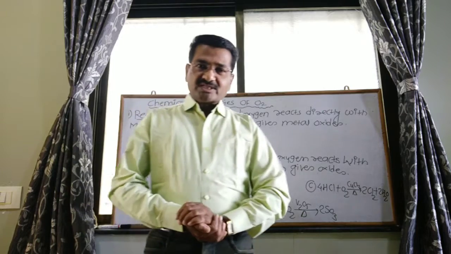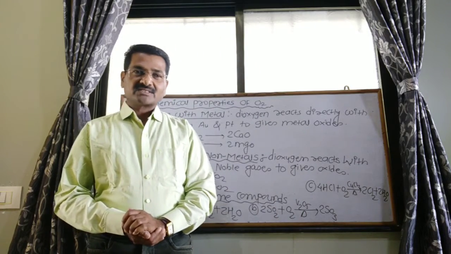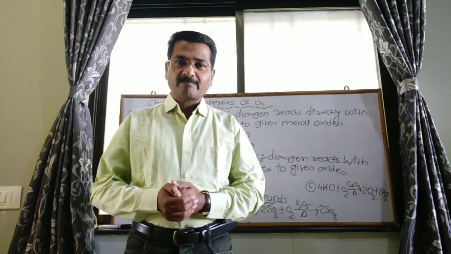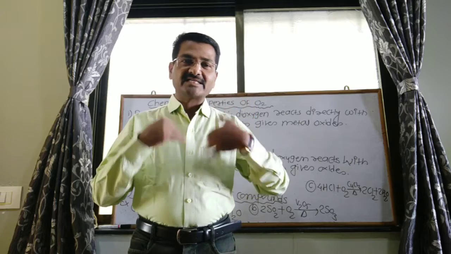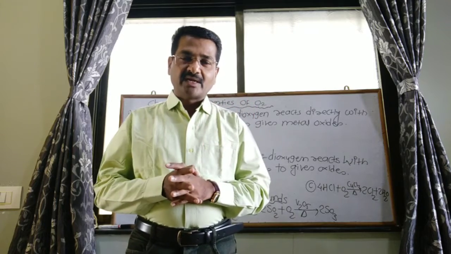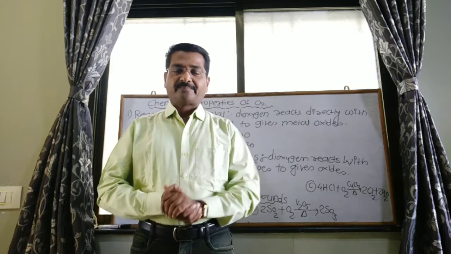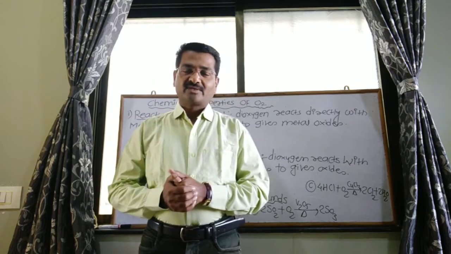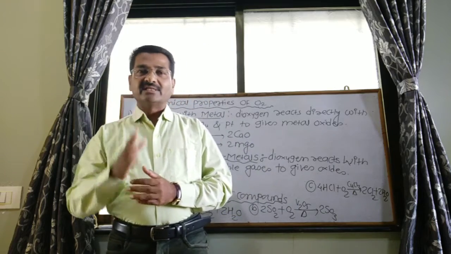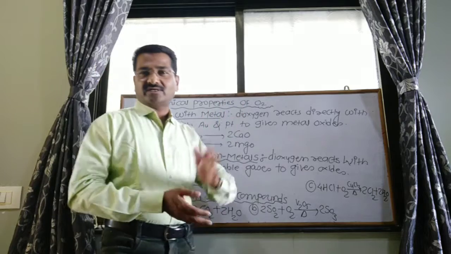After that, uses of dioxygen were also discussed. First, a very important use of dioxygen is in respiration. In the breathing process, all animals take in oxygen and carbon dioxide is given out. So for any animal on earth, oxygen is very important.